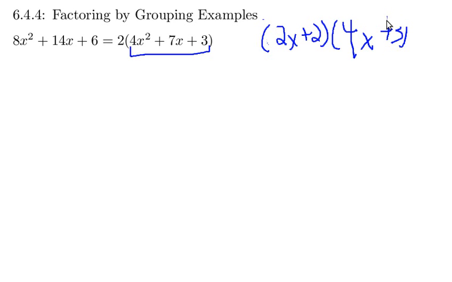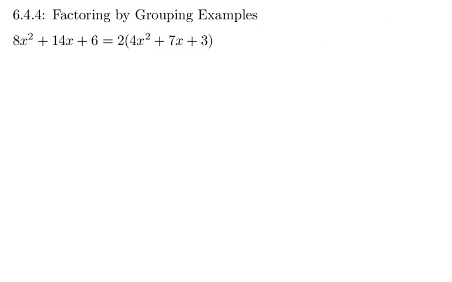But I only wanted to do that just to demonstrate something that you should be aware of. That is that whenever you're doing something on a quiz or a test, you definitely want to factor completely. I'm not going to go back and remake those videos because the point was made. But for now, I'm going to go ahead and do this as an example of factoring by grouping.